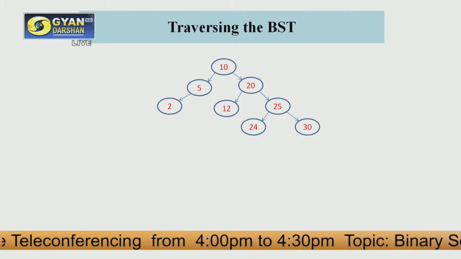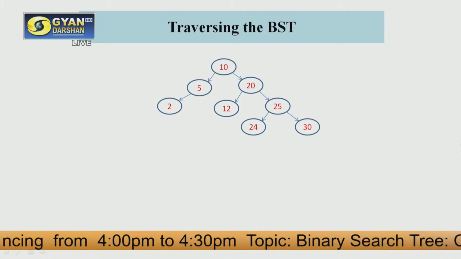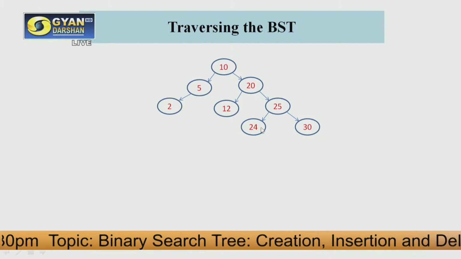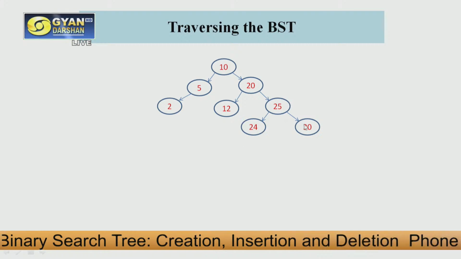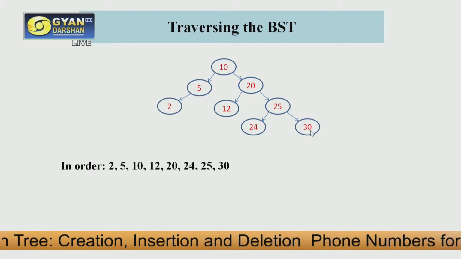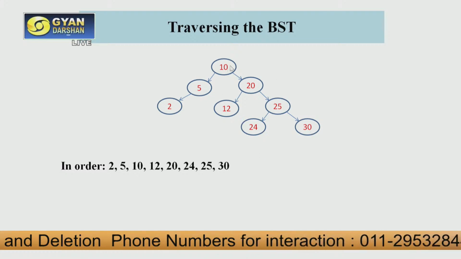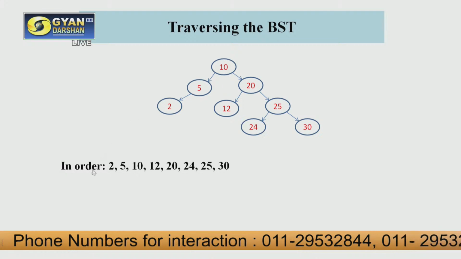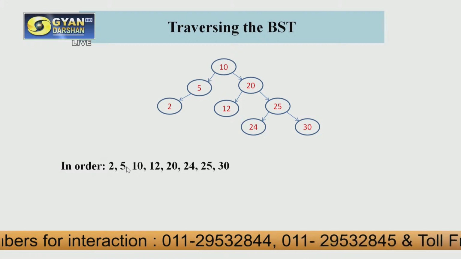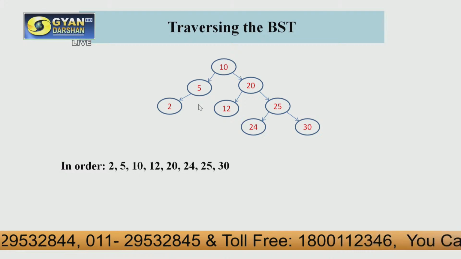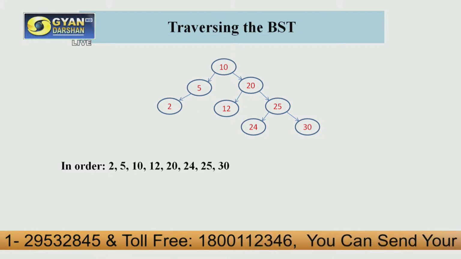So 20 will be printed, and then we will go to the right subtree of 20, and 24 will be printed, 25 will be printed, and 30. So the in-order sequence of traversing the nodes for this BST will be 2, 5, 10, 12, 20, 24, 25 and 30. So this is in-order traversal.